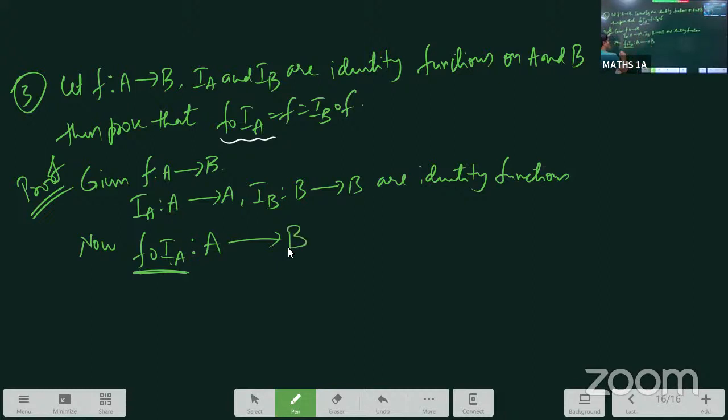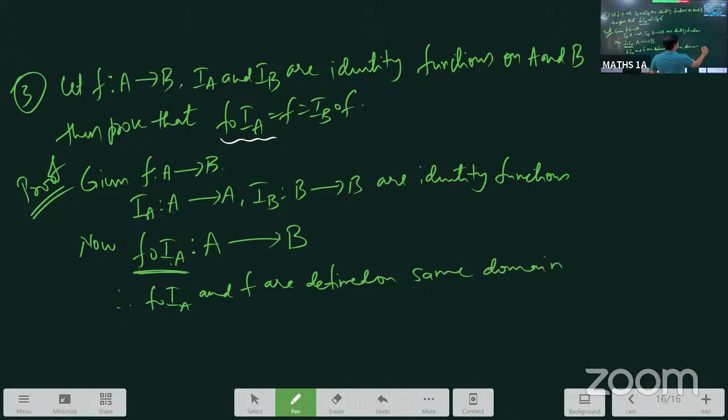Is it clear? So therefore, f circle Ia and f are defined on the same domain and codomain. Correct?